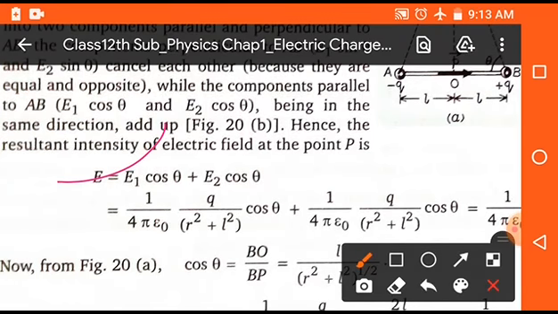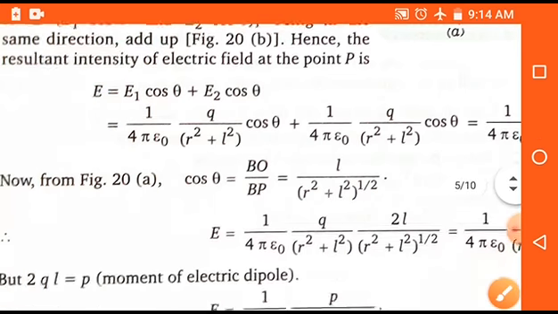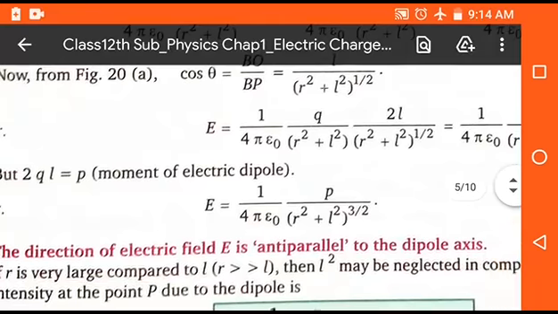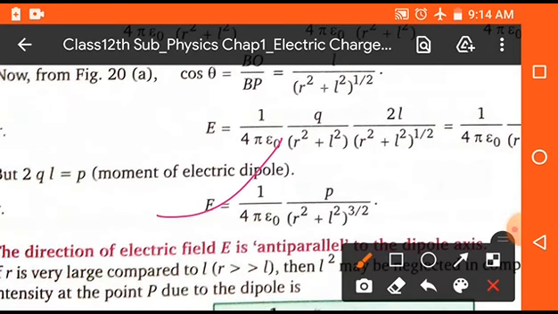So the electric field at point P due to both charges will be E is equal to E1 cos theta plus E2 cos theta. On putting the values of E1, E2 and cos theta from the diagram, we get 1 upon 4 pi epsilon naught Q upon (r square plus l square) cos theta, plus 1 upon 4 pi epsilon naught Q upon (r square plus l square) cos theta. On solving, we get the required value E is equal to 1 upon 4 pi epsilon naught p upon (r square plus l square) to the power 3 by 2.